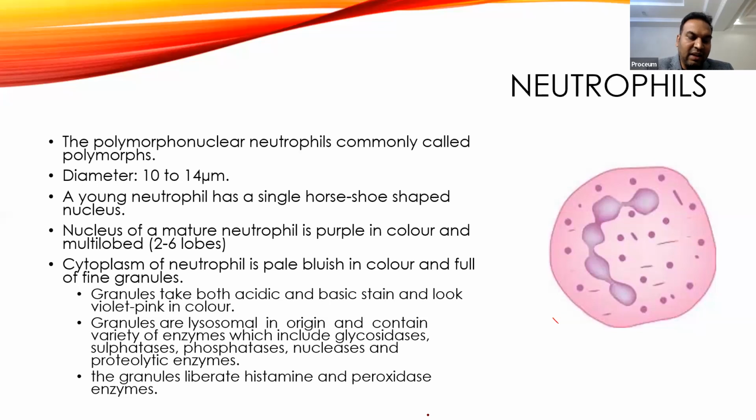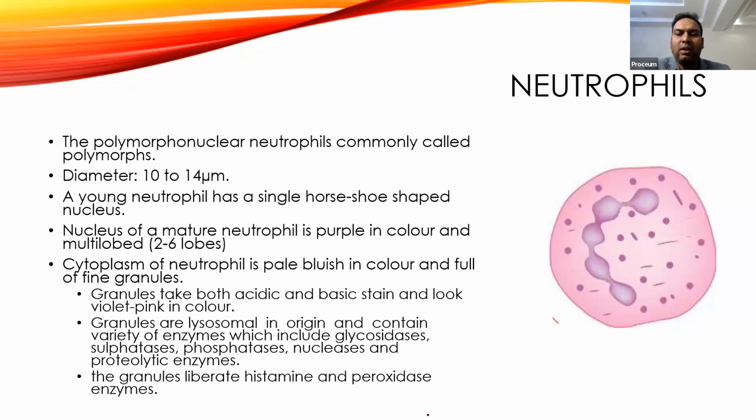First is the size. Second criteria will be the nucleus of the cell. The neutrophil's nucleus is multi-lobed, varying from 2 lobes to 6 lobes.